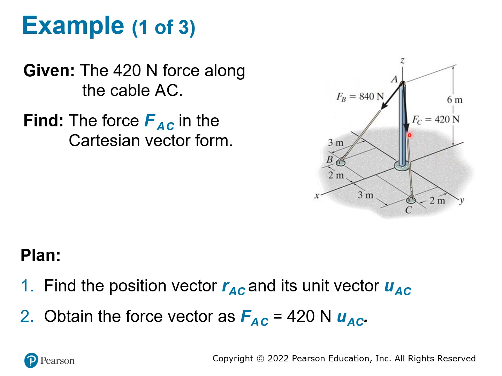We want to find the force vector F_AC in Cartesian vector form. Here is the plan. The first thing we do is find the position vector r_AC, the direction from A to C. This will help us find the unit vector u_AC. Once we find u_AC, we know F_AC is 420 N. We multiply this by u_AC, and that is our force vector F_AC.